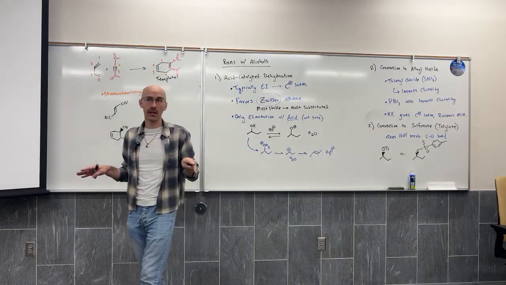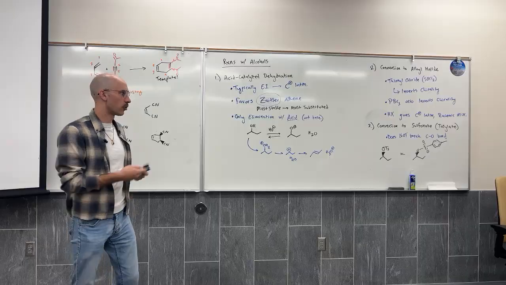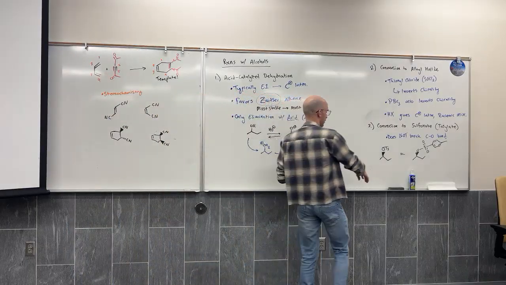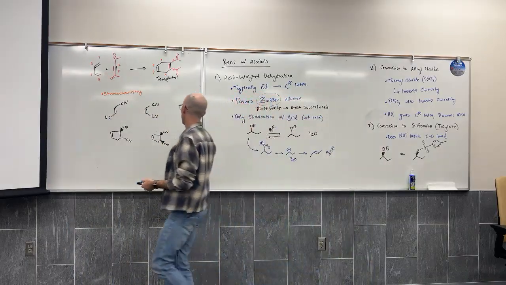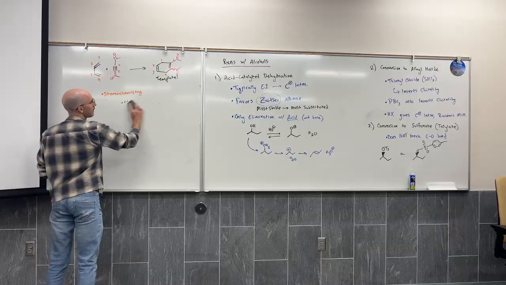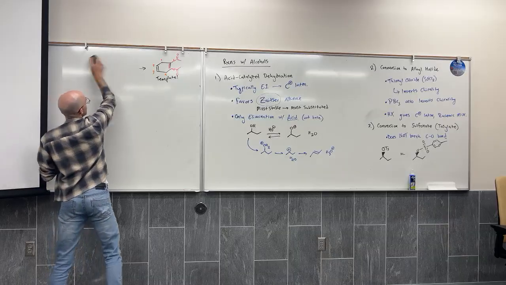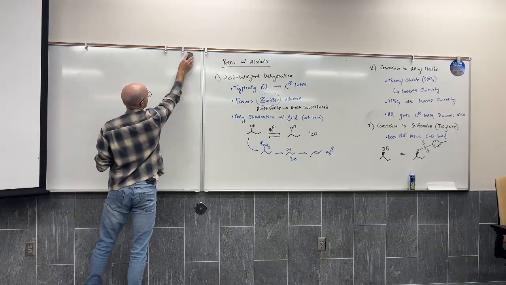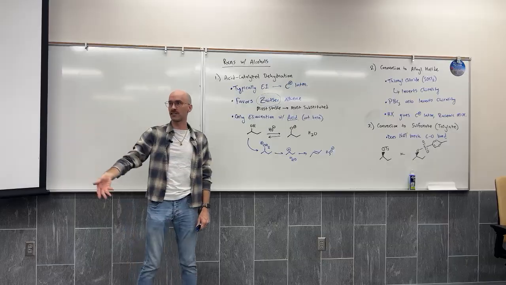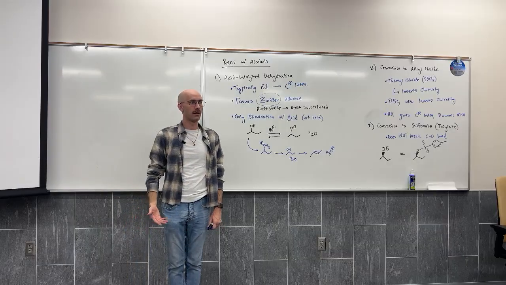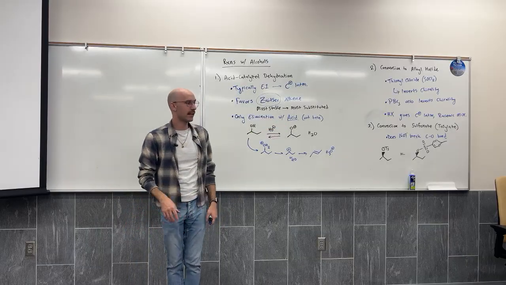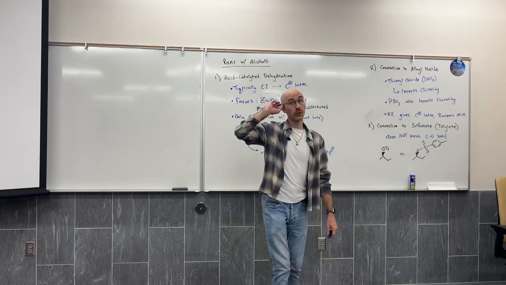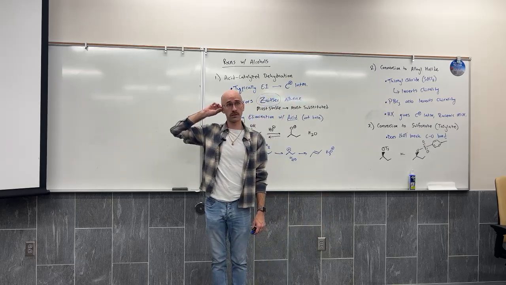That O never left. And in order to get OTs, the sulfonate, tosylate, has to have a leaving group, so we introduce TsCl. The Cl gets substituted by the O, and the H gets substituted by the Ts. Those are our reactions with alcohols.